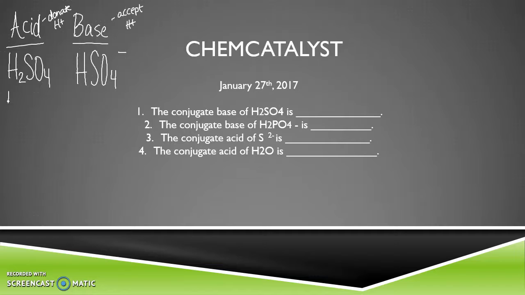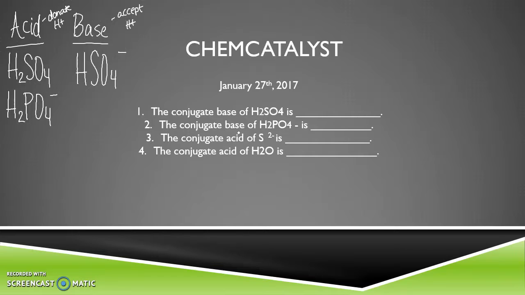On the other hand, if we have something like H2PO4 with a -1 charge, remember normal phosphoric acid would normally have 3 hydrogen ions, 3 protons, because it's a triprotic acid. This is one that has already lost one of its H pluses, and now we're going to have it lose another one because it wants to know what is the conjugate base of this.